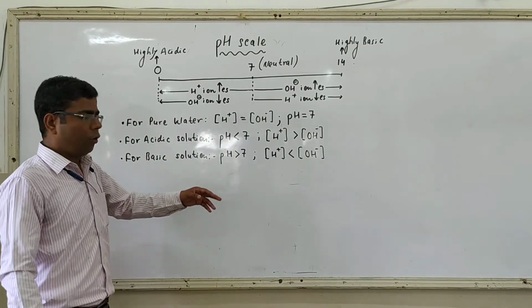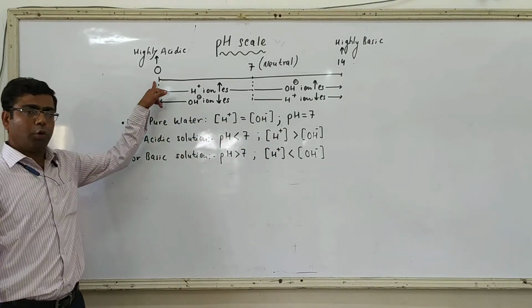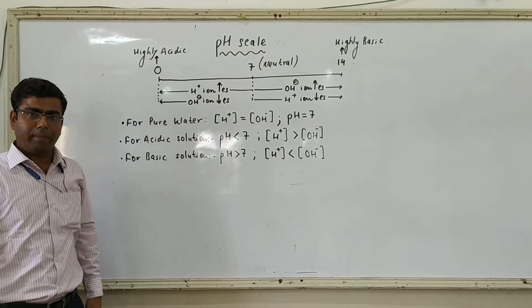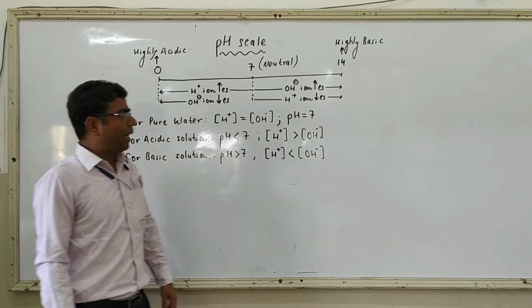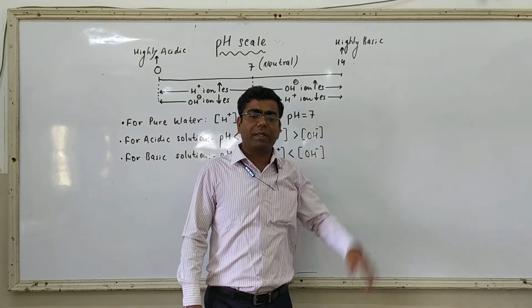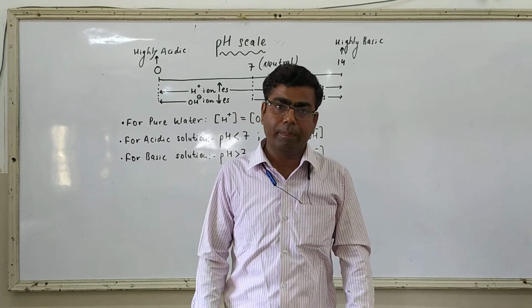If value of pH for any solution is 0, it represents highly acidic solution. If the value of pH for any solution is 14, it represents highly basic solution.